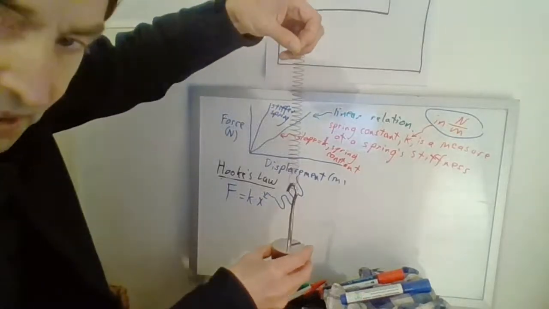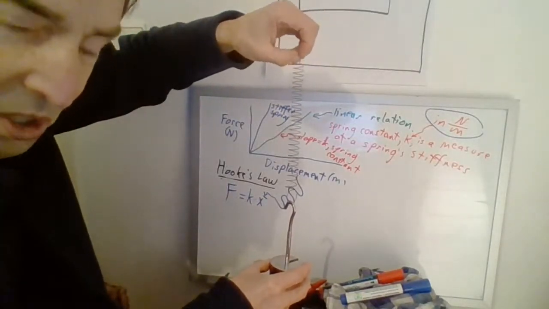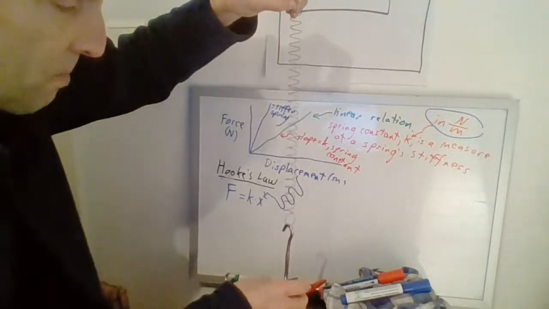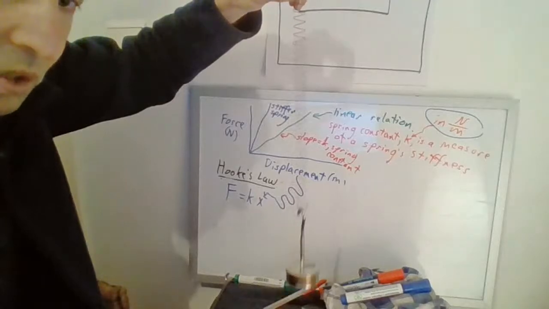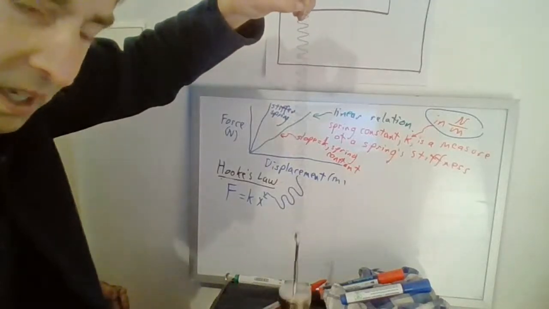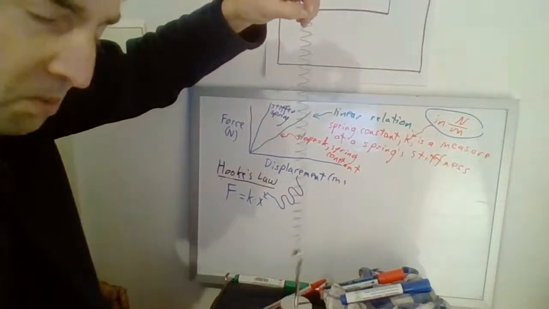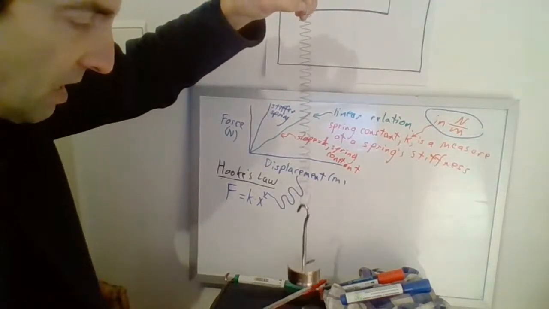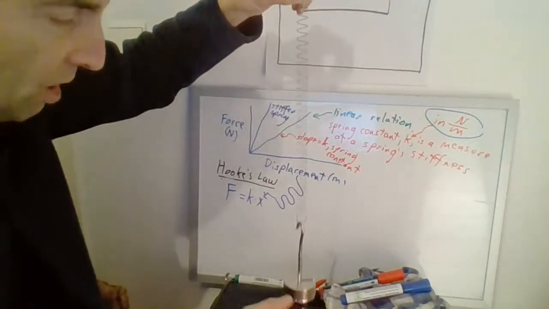But now we're going to make the thing oscillate, and we still need the law. You'll see why we need Hooke's law. Ready? Watch this. Okay, so now suddenly it's back to being a harmonic oscillator like we talked about last time. Watch when I take some mass off.